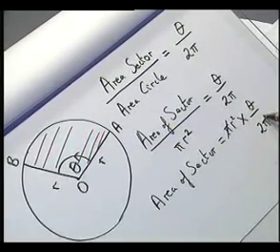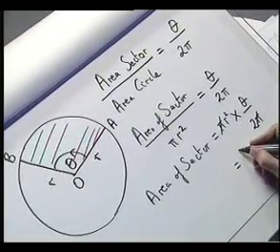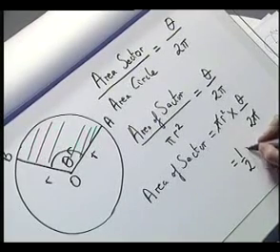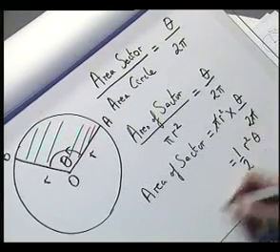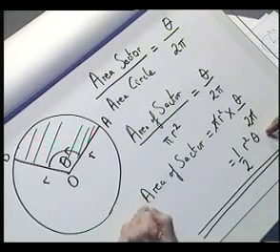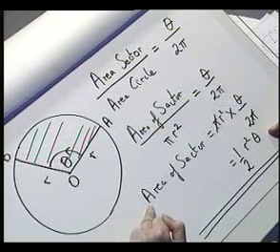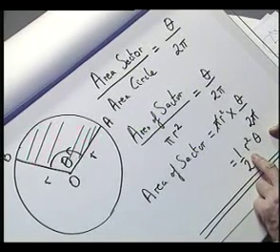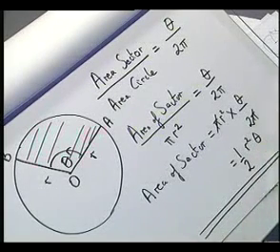And the pi's cancel, and that leaves me with a half r squared theta. And so for theta in radians, this is our formula. The area of a sector is a half r squared theta. Okay, we've got some formulae here. We've got some relationships. Let's have a look at how we can use them to do some calculations.